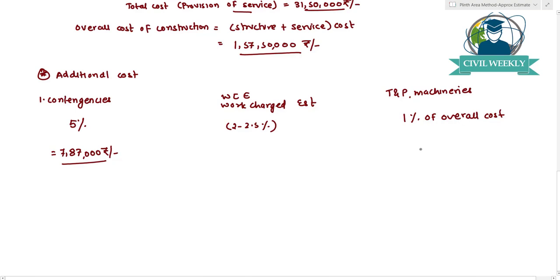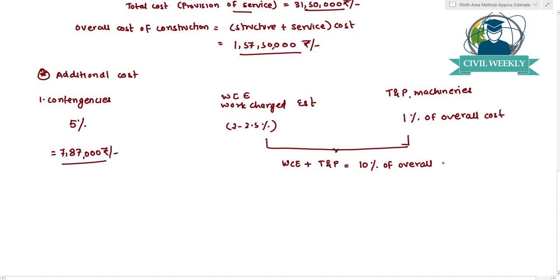Okay, so as per CPWD norms, we have to provide 2 to 2.5% for work charge establishment and 1% of the overall cost of the project for tools and plants and machineries, but these percentages are too negligible or too small for any kind of project. So for any private projects, what we will do while solving a numerical is add these two heads, that is work charge establishment plus tools and plants and machineries. For this combination, we will consider 10% of the overall cost of a project to be kept in reserve for these two heads.